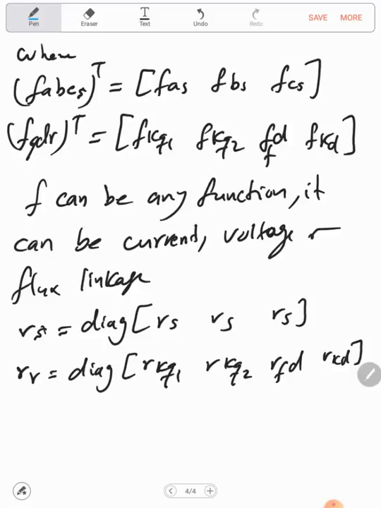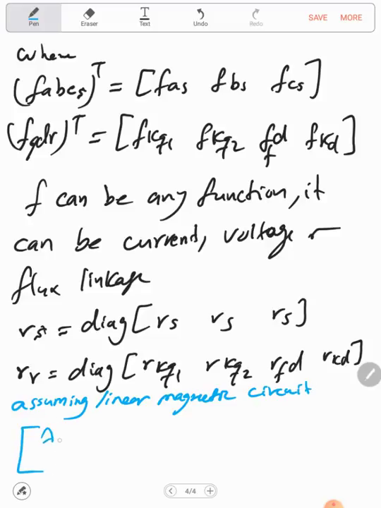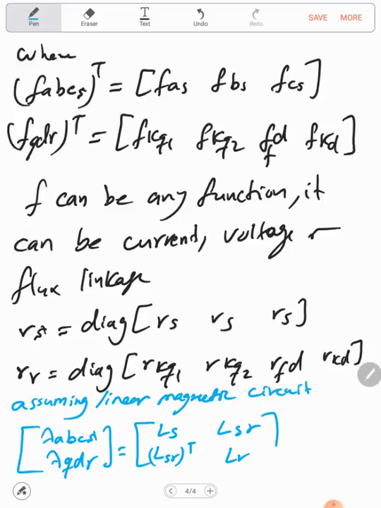Now assuming a linear magnetic circuit, we can write the flux linkage as follows: lambda ABCS, lambda QDR will equal to LS, LSR, LSR transpose, LR, multiplied by the currents IABCS and IQDR.